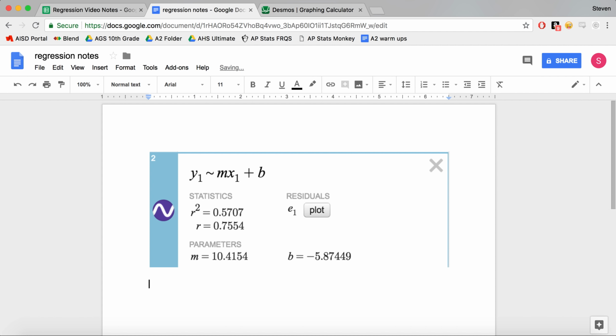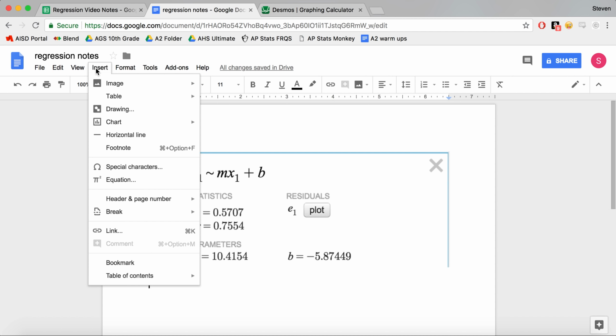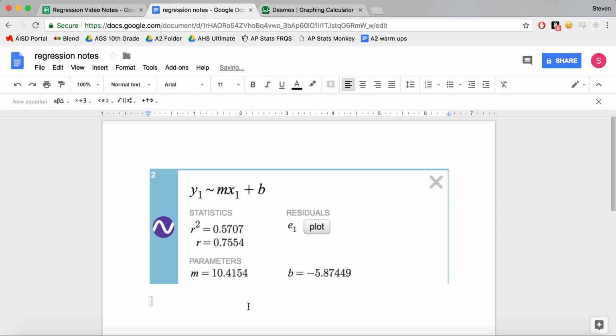So our regression equation, so don't write this as your regression equation. The actual equation would be, I'm going to do insert equation and be fancy. Y squiggly, y equals, so here it gives me my slope. So it's 10.4154x. And then here's my y-intercept.